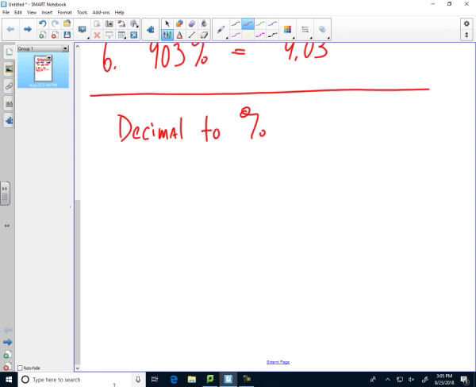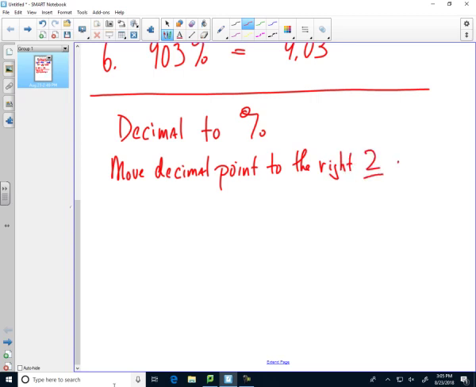So, what's the rule here? Move the decimal point, what? To the right 2 places. There you go. So let's look at, how about number 3?